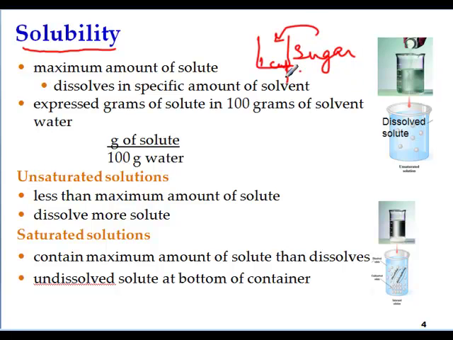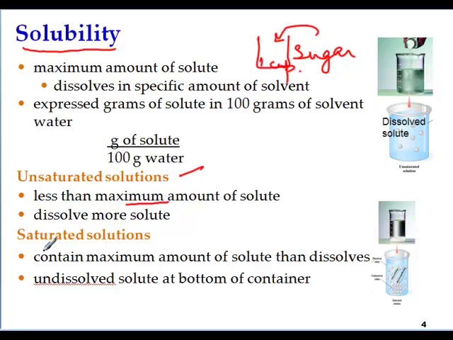in it. Now we have moved from one stage, which is called unsaturated, where you had less solute and more solvent. In this situation, it would be called unsaturated. That is the beginning of your process.